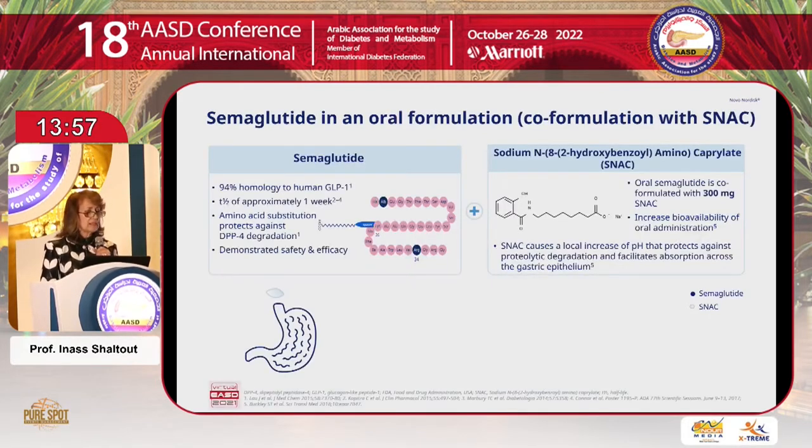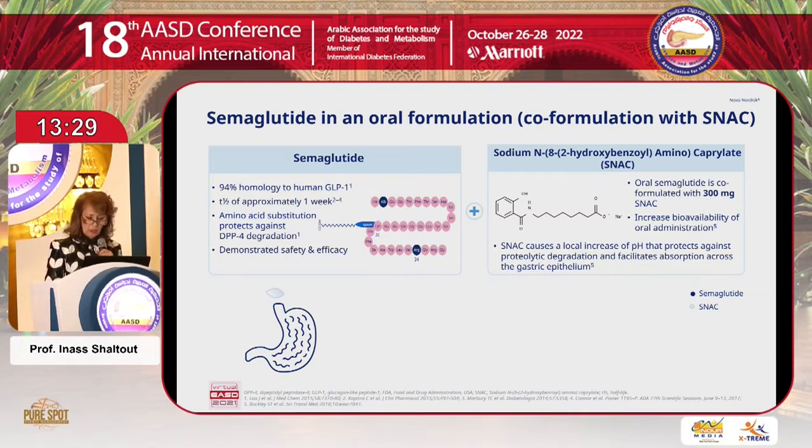The oral semaglutide was co-formulated with a substance called SNAC. And this SNAC led to better absorption and better bioavailability of the oral semaglutide. It increased the bioavailability of oral administration.